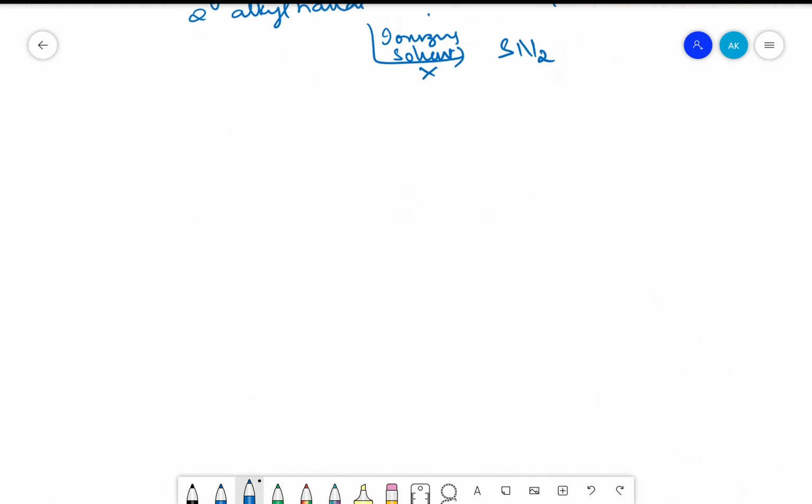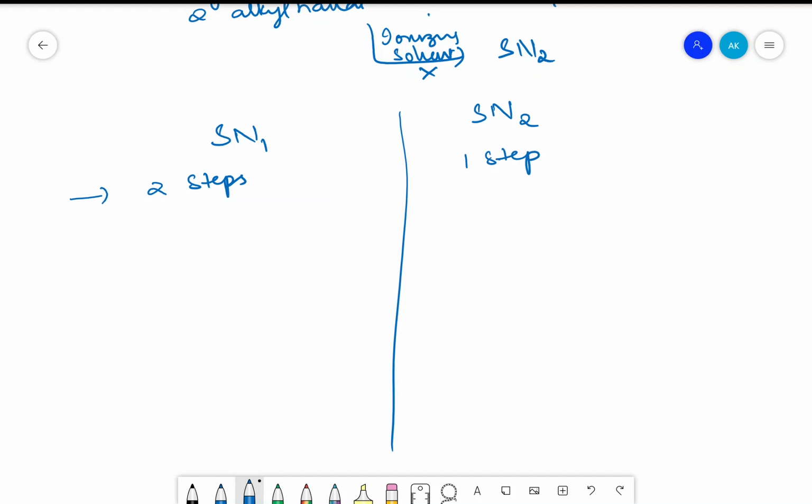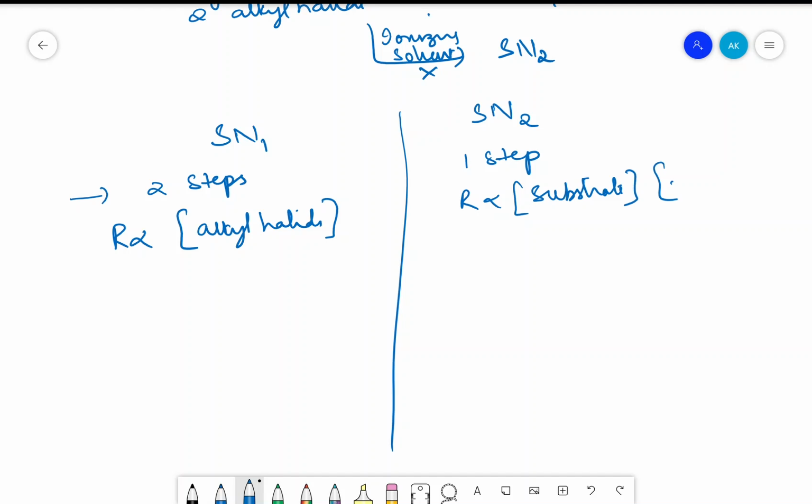And finally, the differences between SN1 and SN2. These are broader differentiations. You can go for further differences from the text. The first one is that SN1 has two steps, SN2 is a one step mechanism. In SN1 the rate depends on the concentration of alkyl halide; in SN2 the rate is directly proportional to the concentration of substrate or alkyl halide along with nucleophile.